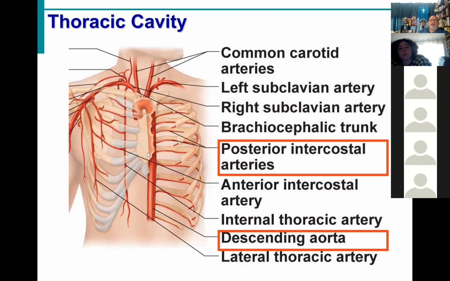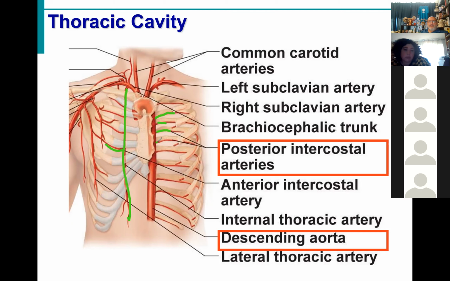So notice when we look at the thoracic aorta, there really aren't a lot of major blood vessels coming off of it. In fact, really the only major blood vessels that are coming off of the thoracic aorta are these posterior intercostal arteries. Remember, the anterior get their blood from that anterior thoracic that's coming down, feeding into the anterior intercostals.